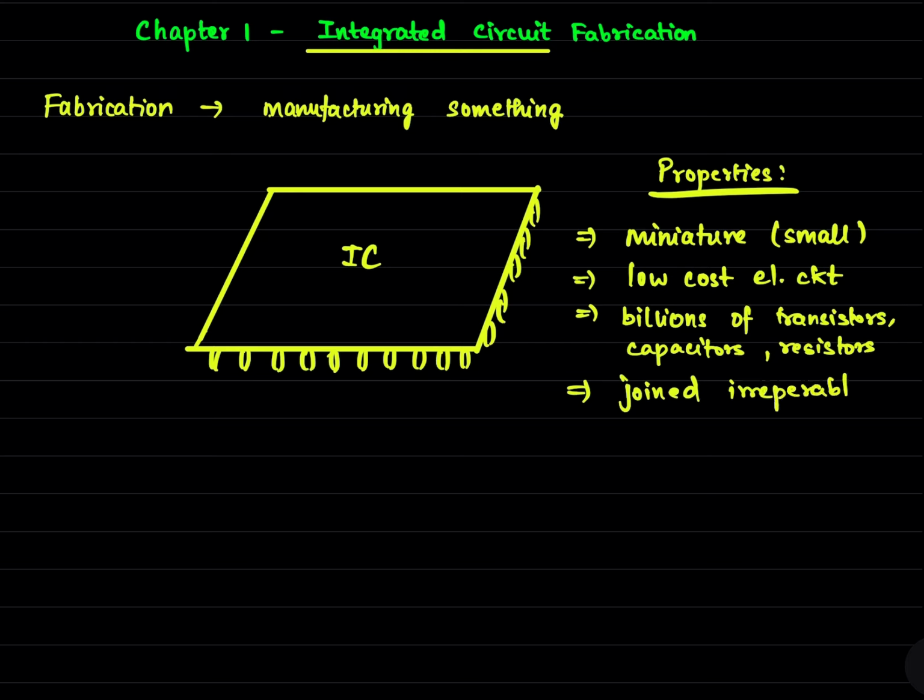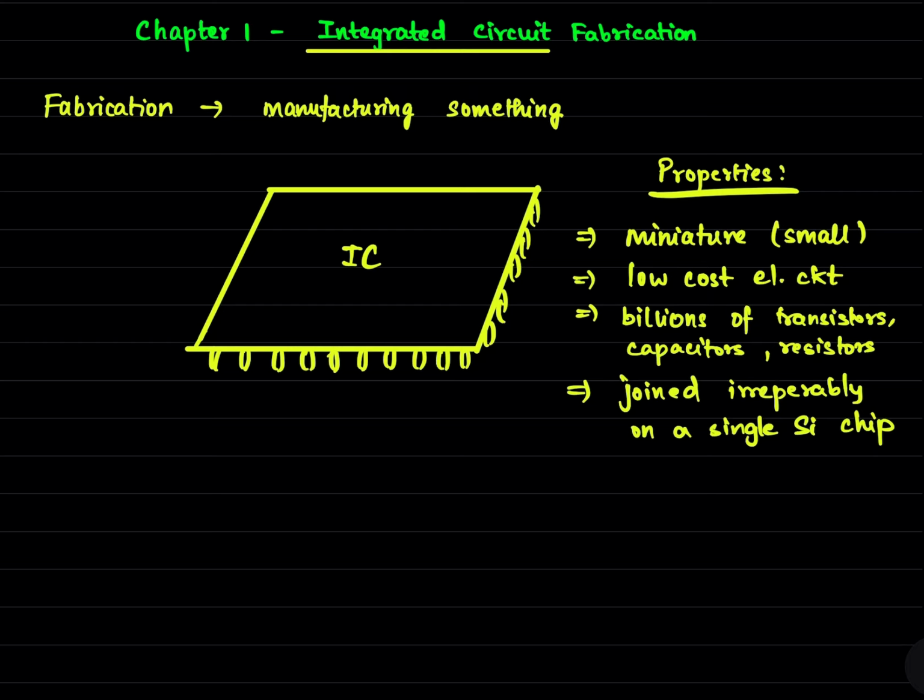The reason why we use silicon is because of certain advantages of silicon over the other semiconductor material, which is germanium. So we use silicon chips more often than germanium.